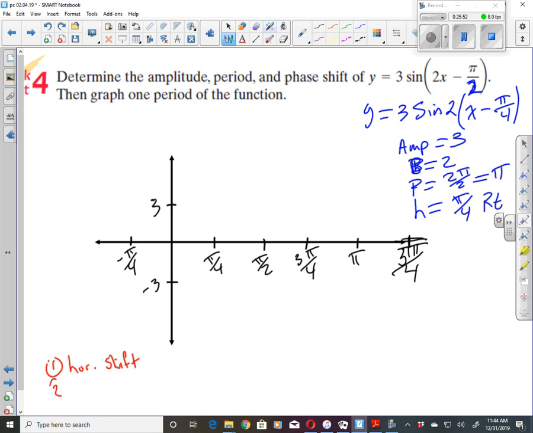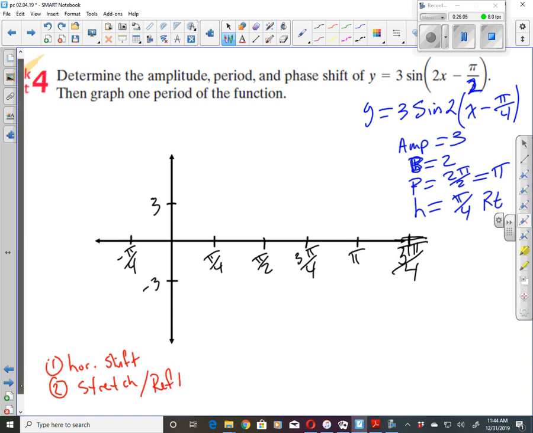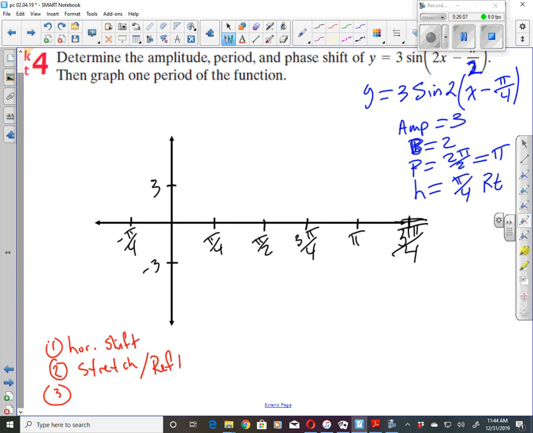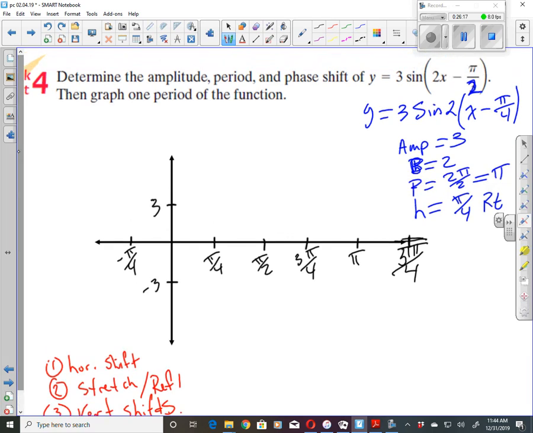Number 2, all stretches, shrinks, and reflections. And then 3, vertical shifts are last. Okay, vertical shifts are last. Now we don't have any vertical shifts here yet, but just to throw that in there.